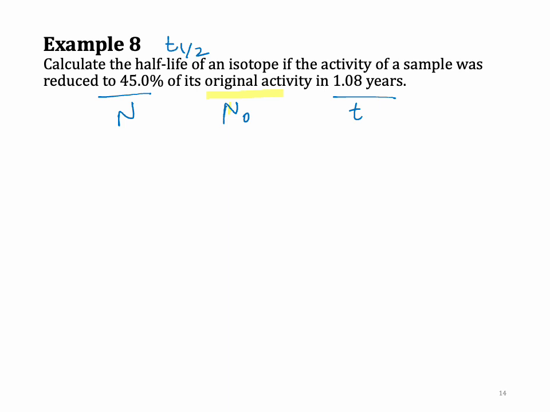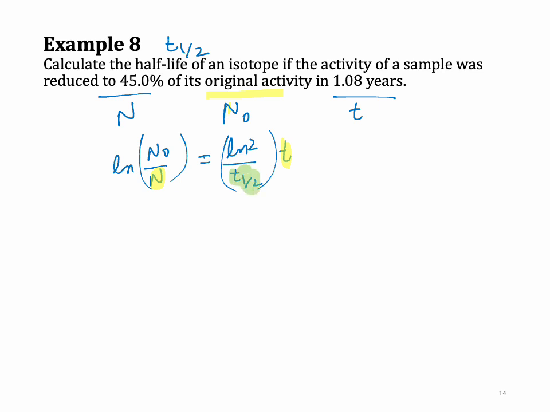So now again the same thing, ln(N0 over N), remember this is in parentheses, is equal to ln2 over t half times t. So t is known, N is known. We have to solve for this t half.